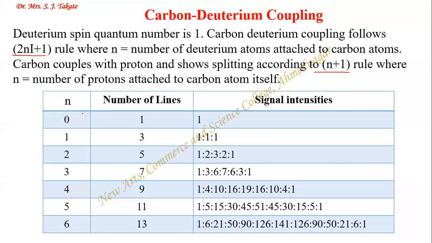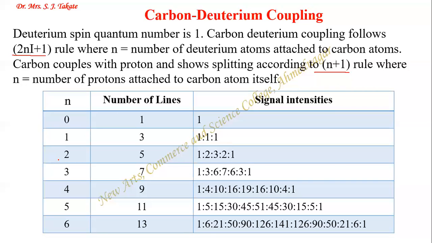This table shows the number of deuteriums attached to the carbon atom, the number of lines in the signal, and the intensity pattern. The intensity pattern can be easily remembered. If I have one deuterium attached, its signal intensity is 1:1:1. We have to remember this intensity pattern only.